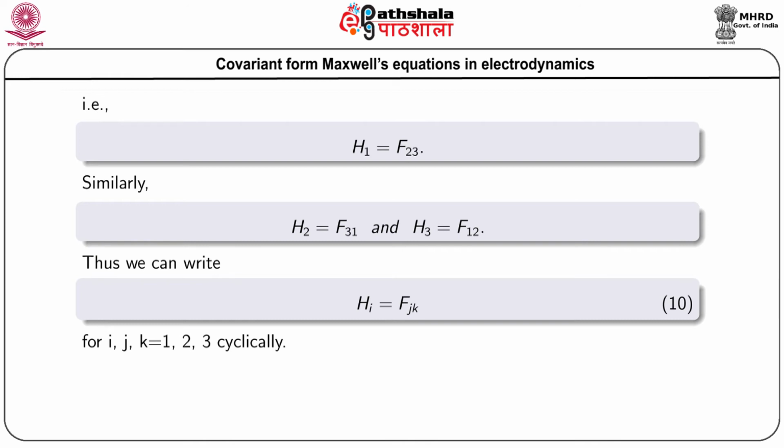That means we have expressed E_i, that is the electric field, and the magnetic field H_i in terms of f_ij, that is the curl of A_i.